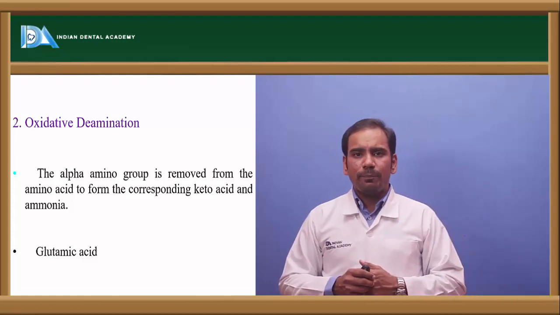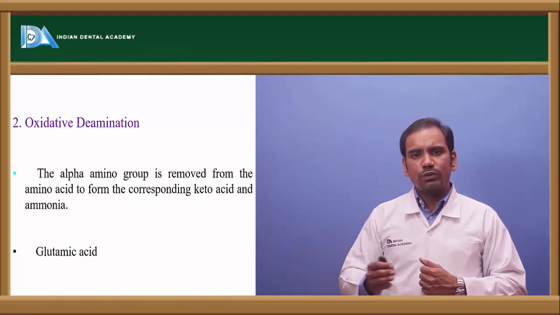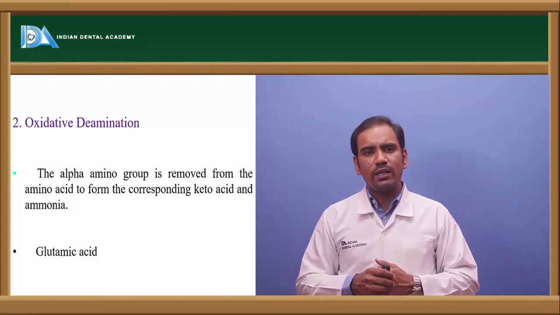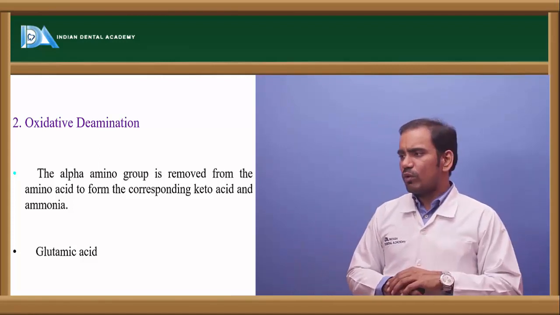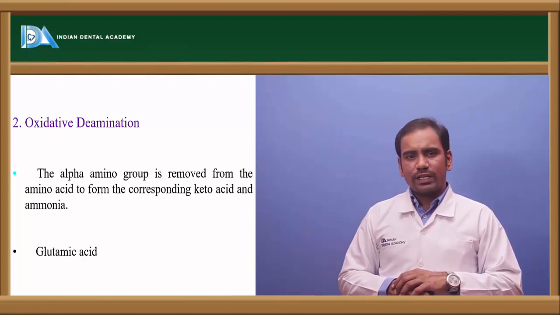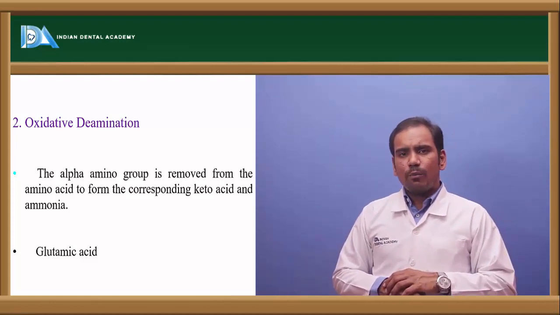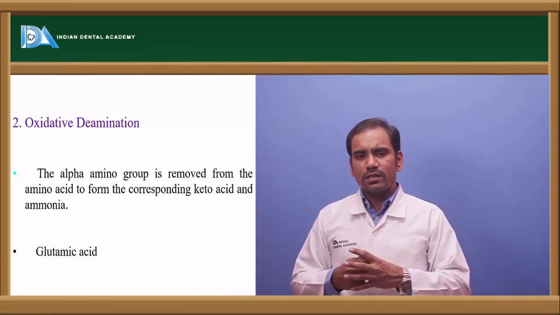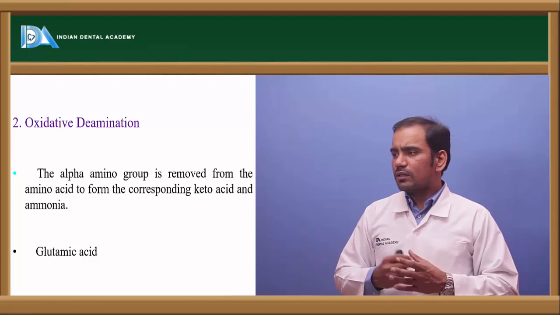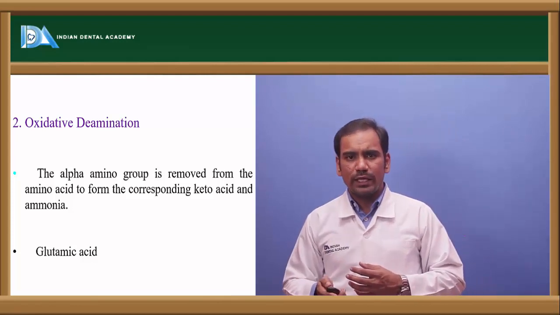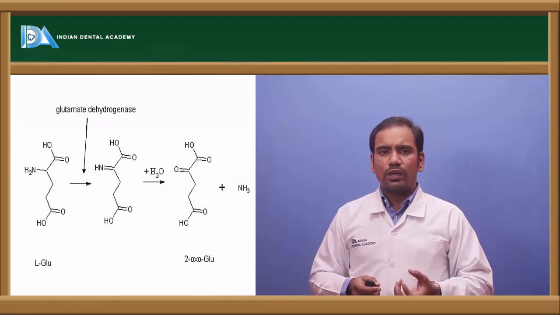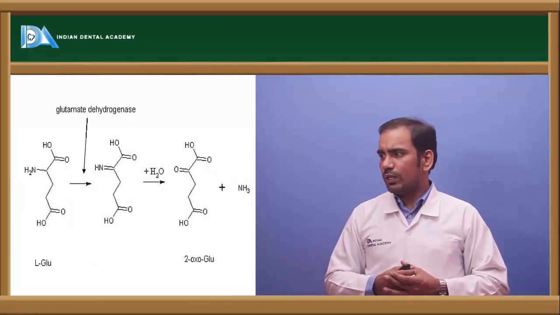In our body, glutamic acid undergoes oxidative deamination so that it is converted into alpha ketoglutaric acid and ammonia. This is the most important reaction that occurs in the hepatocytes in the detoxification of ammonia. The ammonia formed in the cells is transported to the liver in the form of glutamine and glutamate. That glutamate undergoes oxidative deamination, where the ammonia is released and converted into a non-toxic form, that is urea.